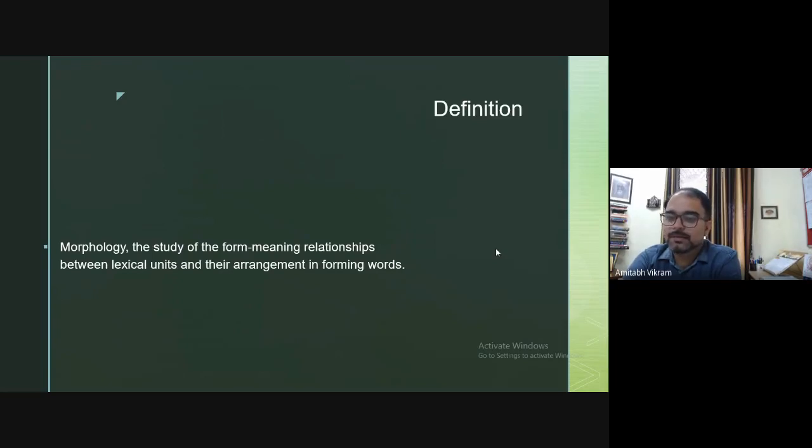Every form has some meaning, and that form is responsible for forming words, for making words. So we are dealing with those meaningful forms which are responsible for forming words.